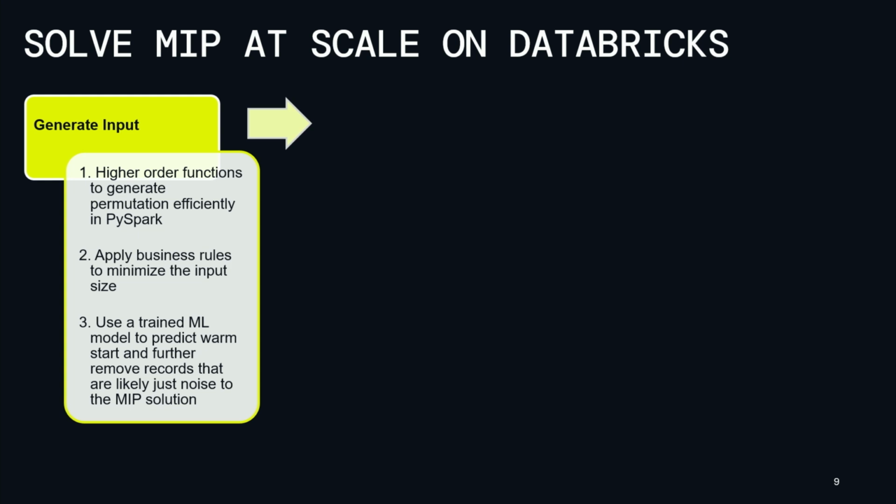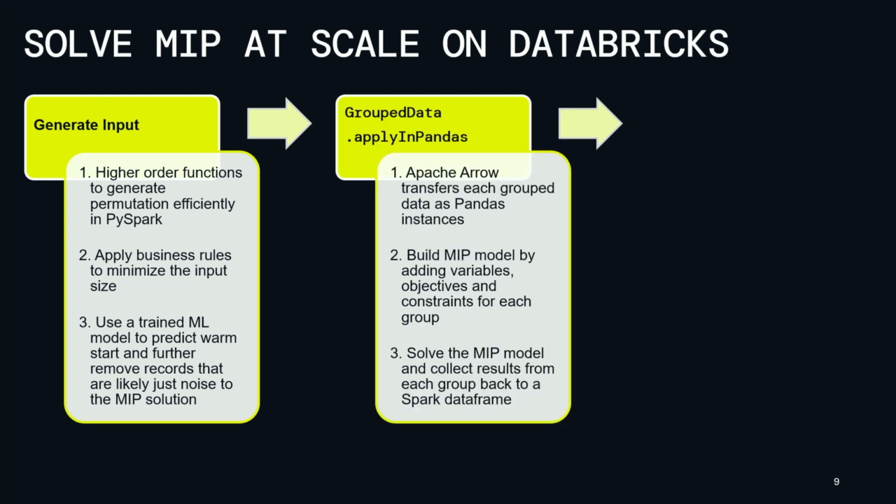And then, like I said before, we use a trained machine learning model to predict a warm start and remove records that are likely just noise to the MIP solution. And then we leverage applyInPandas in Spark to invoke individual Python processes to build a mixed integer programming model and solve it.